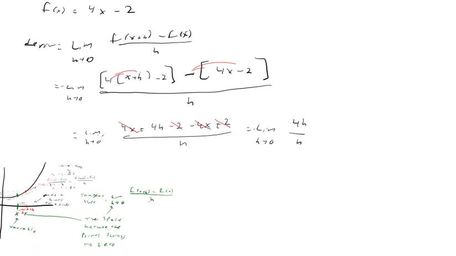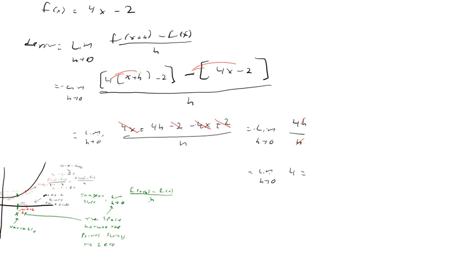And h over h is going to cancel. So I have the limit as h approaches 0 of 4. Where'd the h go? I don't have any more h's.